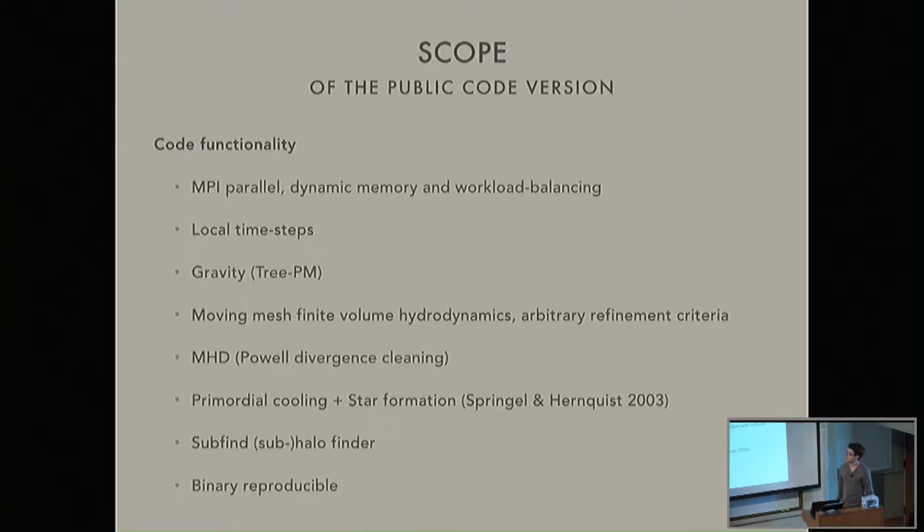It has this moving mesh hydrodynamic scheme. What I haven't mentioned yet is arbitrary refinement criteria. This means you can really refine on whatever criterion you want. Usually we use a mass discretization, but this does not have to be like this. This comes with an MHD solver as well, and some rather simple prescriptions for cooling and star formation. These are rather meant as examples. They are not quite the state of the art in this sense.